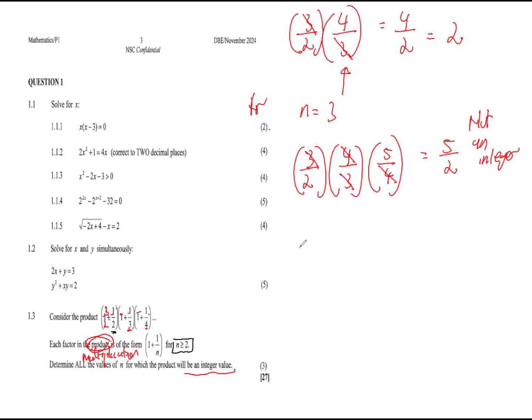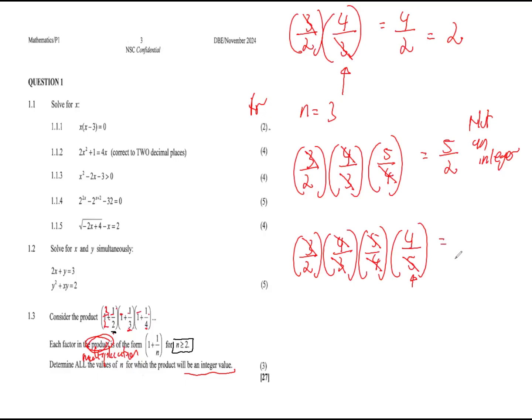Let's skip now and continue to when n is equal to 5. So 3 over 2, 4 over 3, 5 over 4, and then 4 over 5. So this is the 5 now. What happens? This cancels, that cancels, this cancels, that cancels, this cancels, that cancels. Then we are left with what?